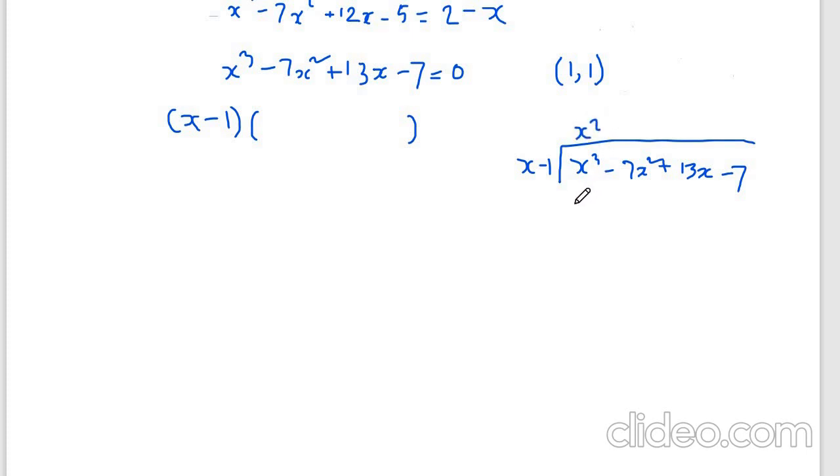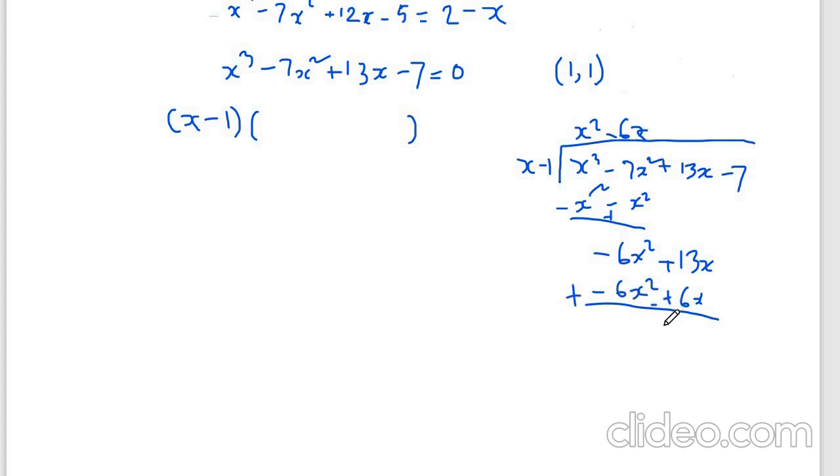Starting off with x squared, and then negative 6x, plus 7. So now we have this.